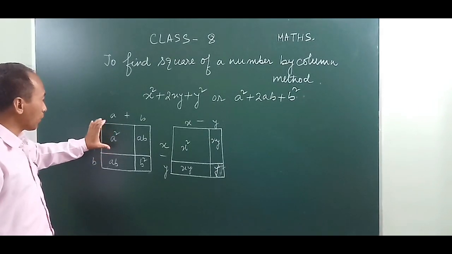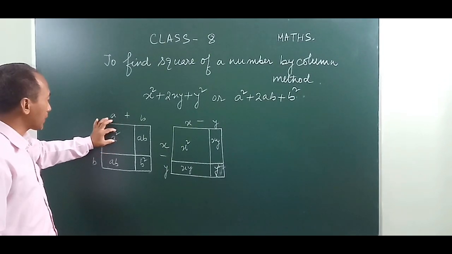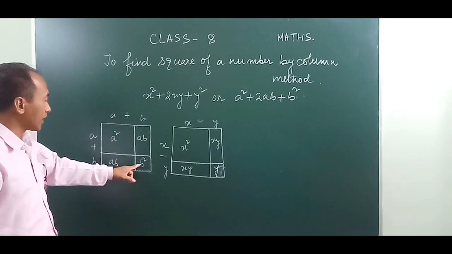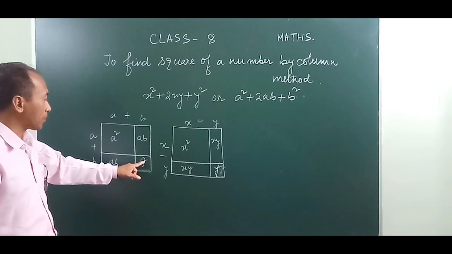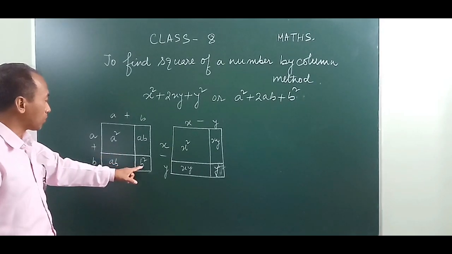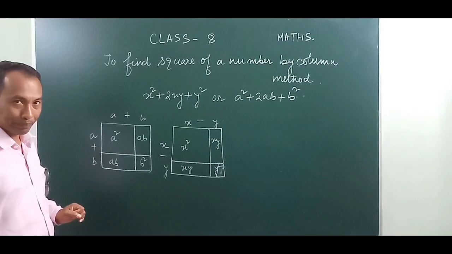So if you divide it, you will get one square of 5 square, that is represented by a square, and another rectangle, 5 into 3, that is ab. Another 5 into 3, ab, and a square of 3 square, represented by b square. So we get the formula a square, ab, ab and b square. So this comes a square plus 2ab plus b square.